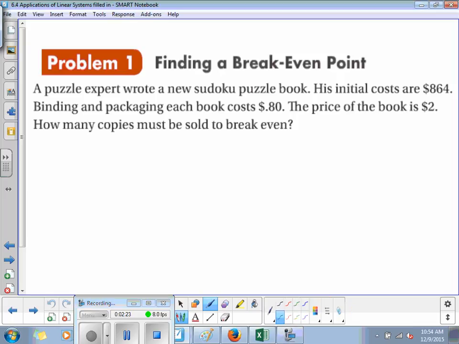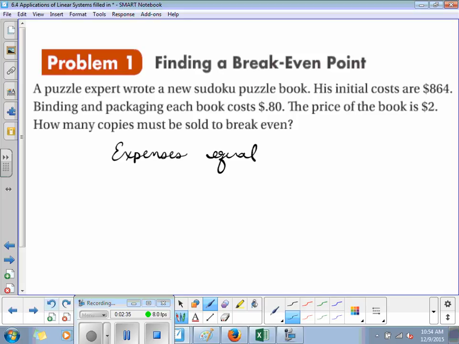So we want to know when expenses will be equal to the income. So the first thing we want to do is write an equation for our expenses.